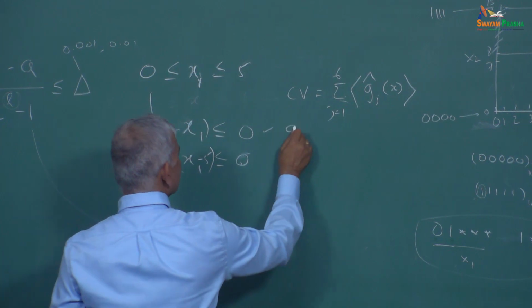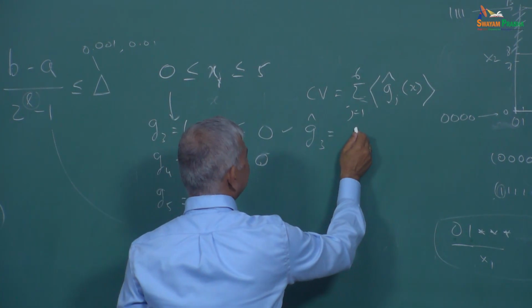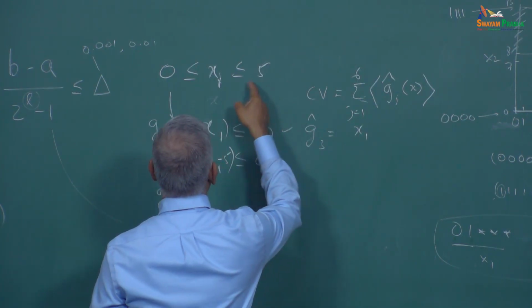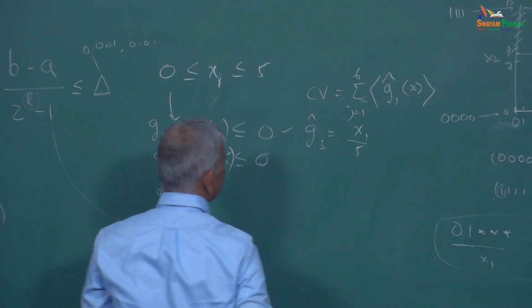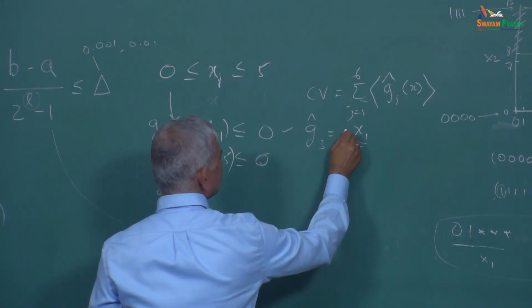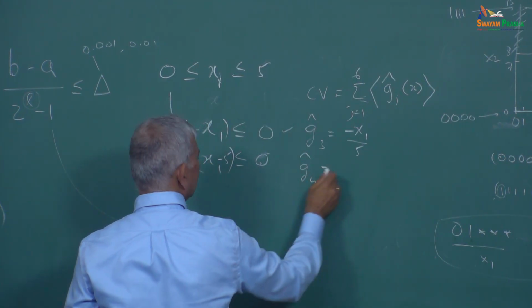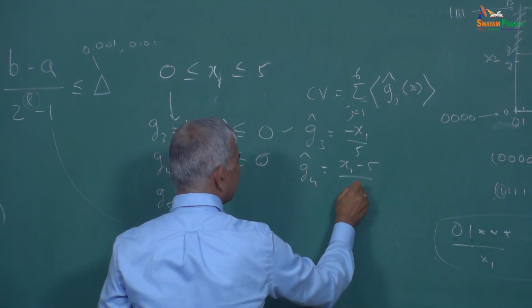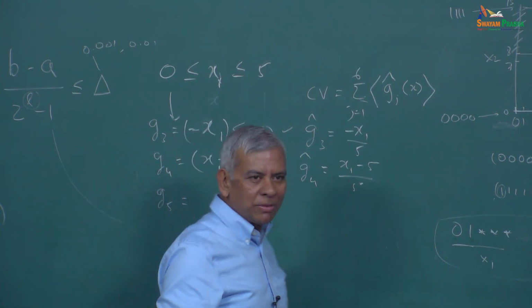So normalization of G3 in this case is going to be whatever is the maximum value of x1, which is 5. So you can do 5 in this case. Okay, so that's your normalized with a minus sign. And G4 normalized is going to be x1 minus 5 by 5 because we divide by the fixed number. Okay, so this is how you normalize.